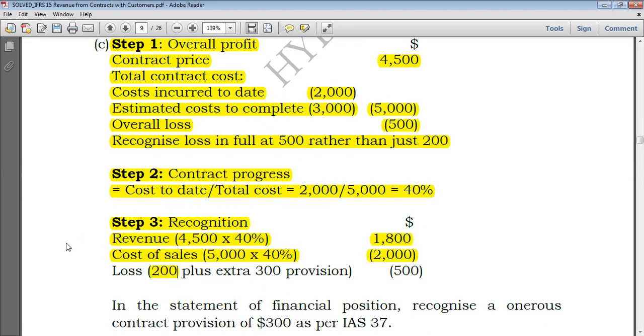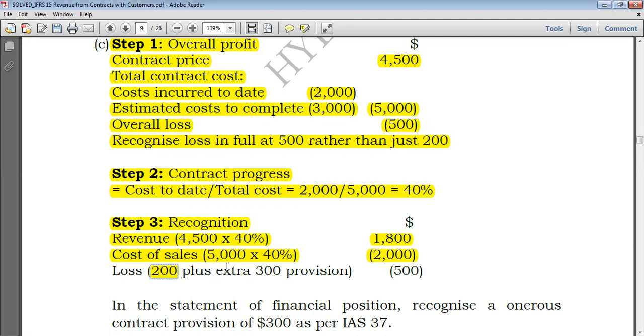But as I just told you, when you have a loss, we call this an onerous contract as per IAS 37, provisions, contingent liabilities and contingent assets. And since we have an onerous contract, we have to recognize a provision right away. Our contract showed us that we had an overall loss of 500, but we have already recognized a loss of 200.